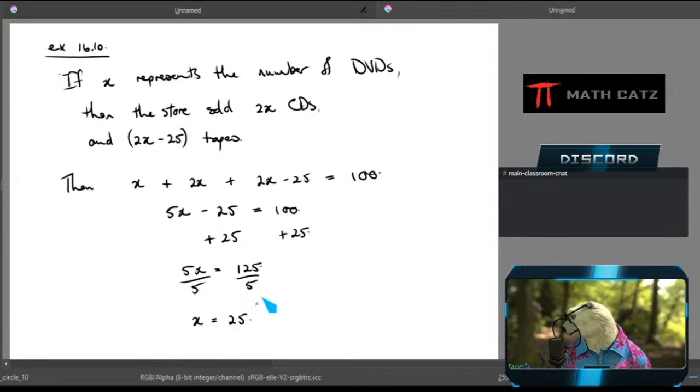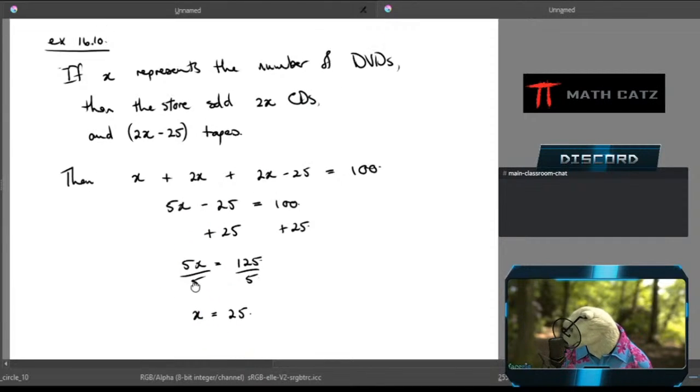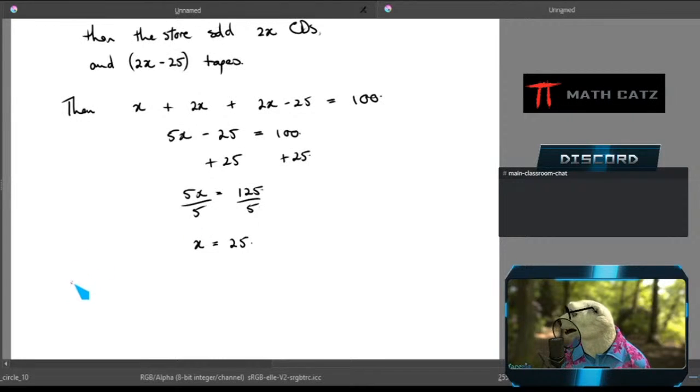Now it partially answers my question. I have 3 unknowns though. I want to find the number for each of them. I have the number of DVDs because that was exactly x. So I can say here, the store sold 25 DVDs.